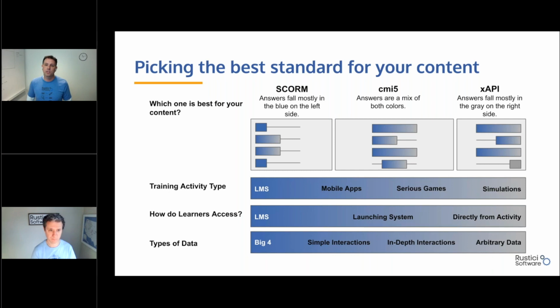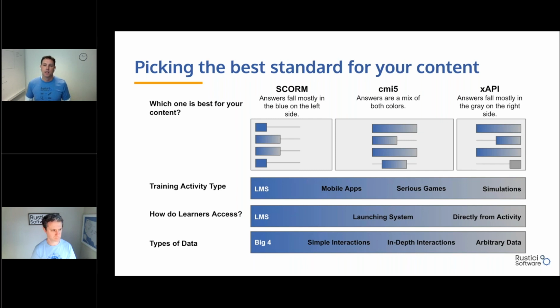And then really, if you're going to target something where multiple people are experiencing the same piece of content and that data needs to be captured the same way, or it's data that's not even going through an LMS, it's not planned training, it's not a planned experience, that's really where xAPI starts to shine, because you don't have this concept of what we refer to as a session. There's no defined start.